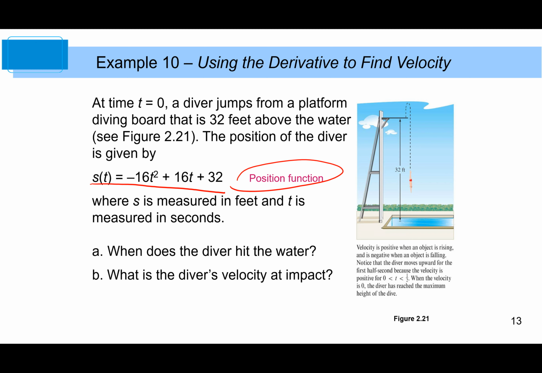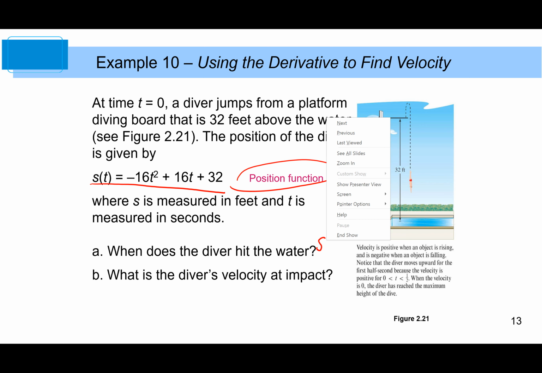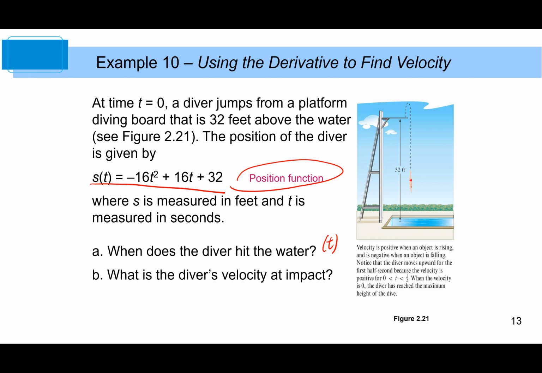When does the diver hit the water? Think about this. When the diver hits the water, the position function s of t equals 0, and you can use this to solve for the time t. And what is the diver's velocity at impact?